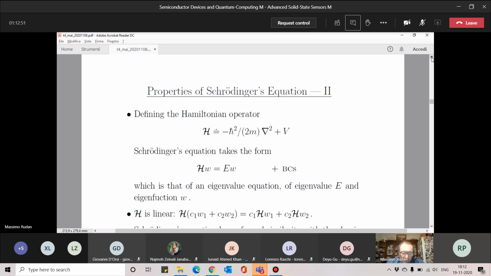Sometimes it is convenient, as we mentioned, to use complex functions instead of real functions, because in any case, the physical information about the localization of the particle is associated to the square modulus, and the square modulus in any case is a real quantity. So if you take the Schrödinger equation that you see on the screen, you can multiply it on the left by the conjugate of Psi.